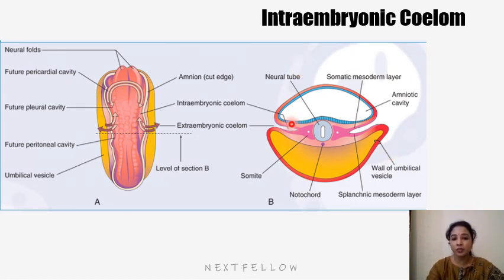So this is to be noted. Here is the somatopleuric, and this is the splanchnopleuric lateral plate mesoderm, and we can see the intraembryonic cavity separating these two layers. And this is ectoderm. Along the ectoderm we find the somatopleuric, and along the endoderm we find the splanchnopleuric. So this concept is to be noted.